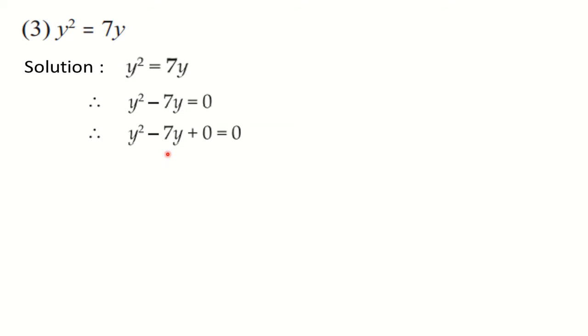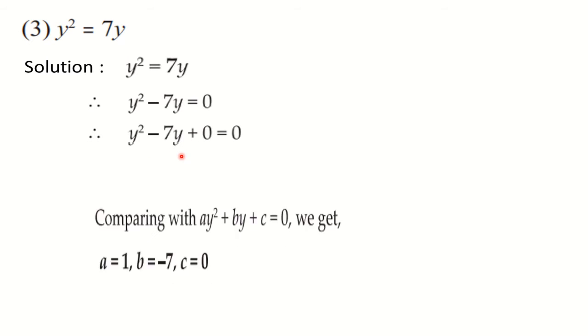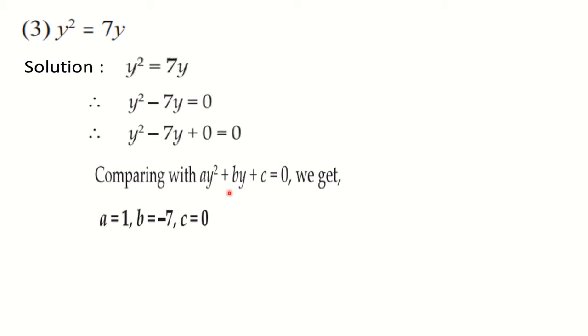After writing in standard form, you have to compare it with the standard form, that is ax square plus bx plus c is equal to 0. Here you can write down the given variable y also. Otherwise, if you write ax square plus bx plus c is equal to 0, then also it will do.